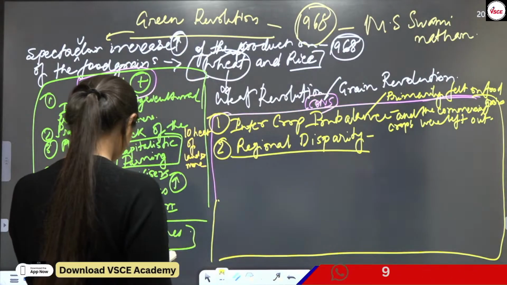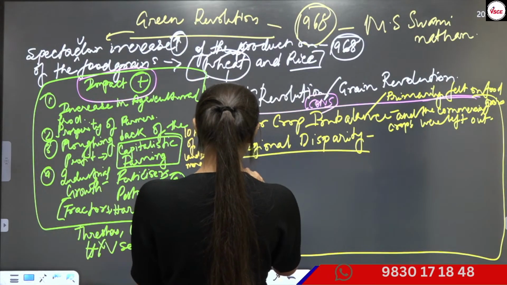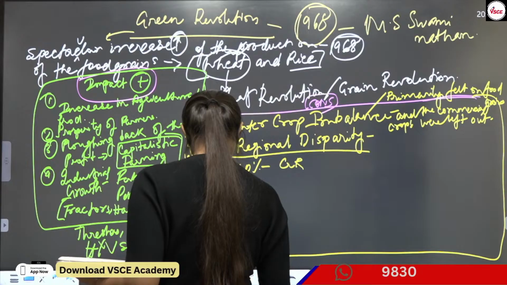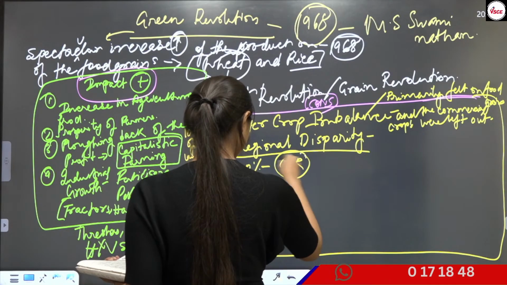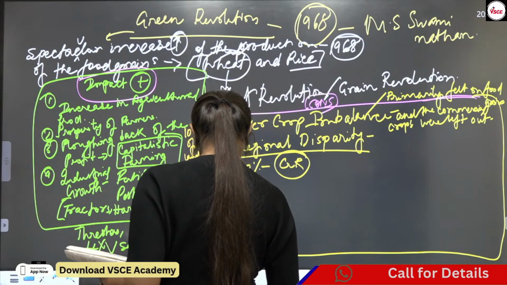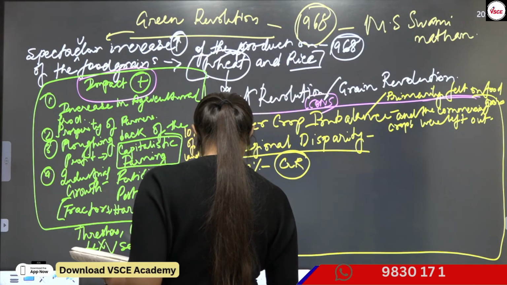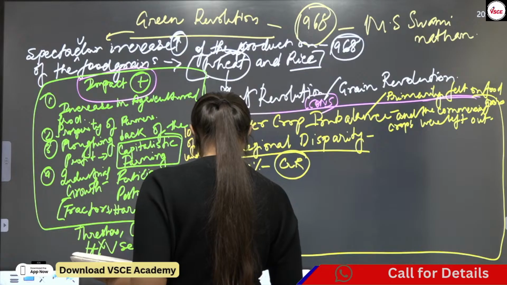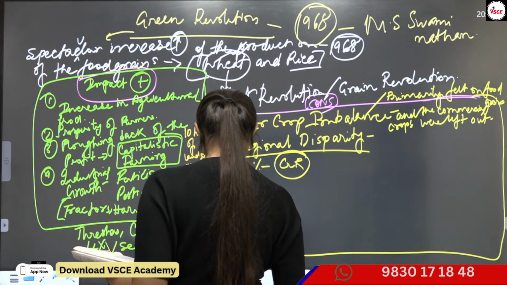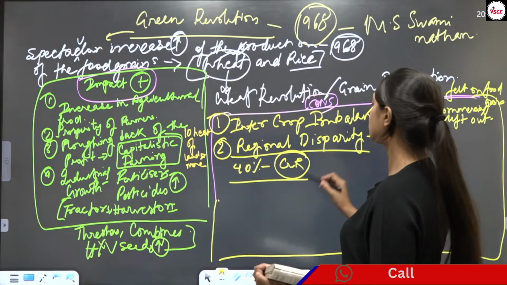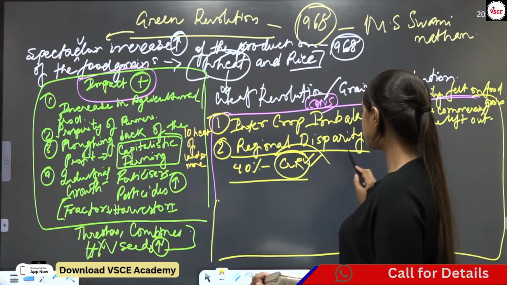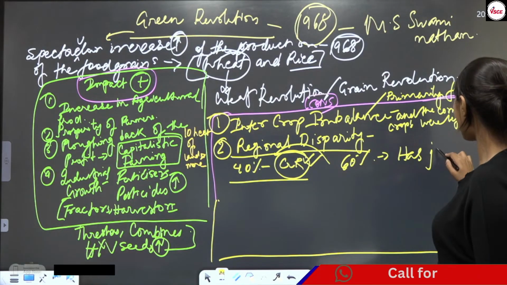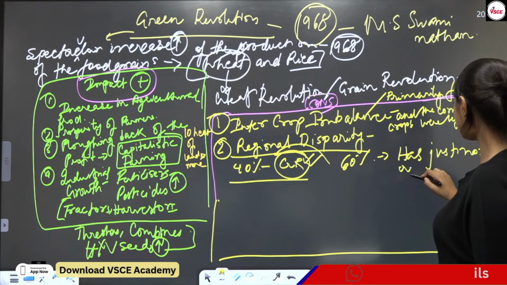Under regional disparity we also see that 40% of the total cropped area had seen the green revolution, and 60% of the land has just not responded, right?